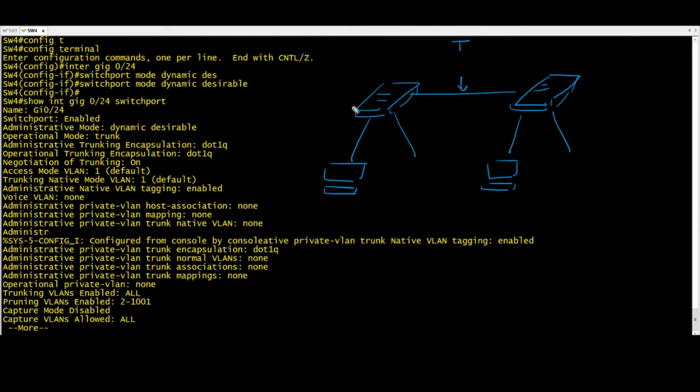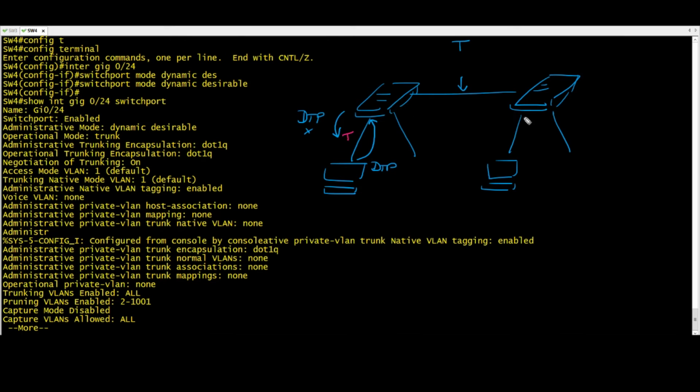But depending on the make and model of the switch, it may send out DTP messages downstream or it may not, but it will be in a state where most likely if a client was to send DTP messages through some malicious software, there's a good chance that this link between the client and the switch will become a trunk.